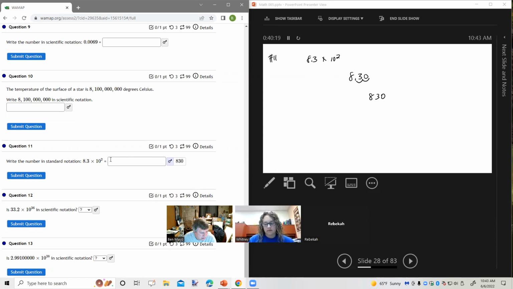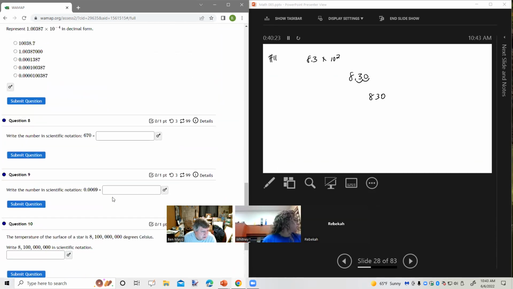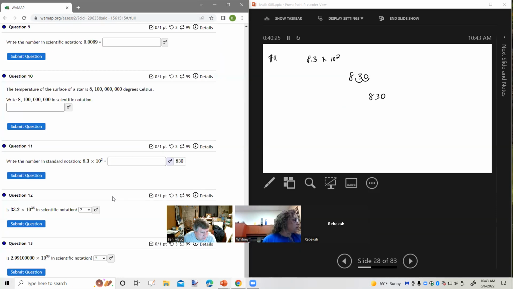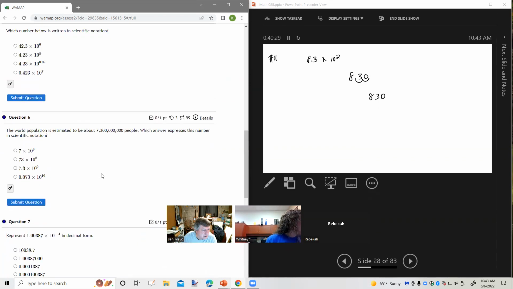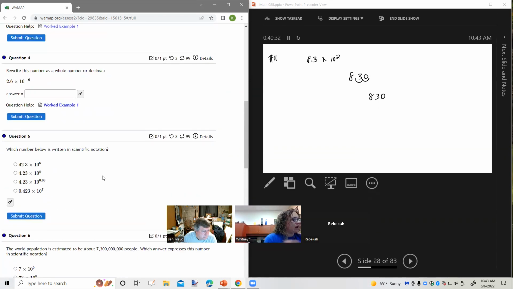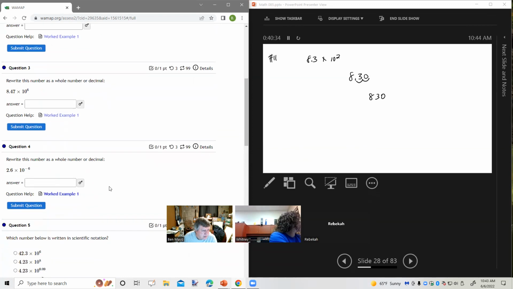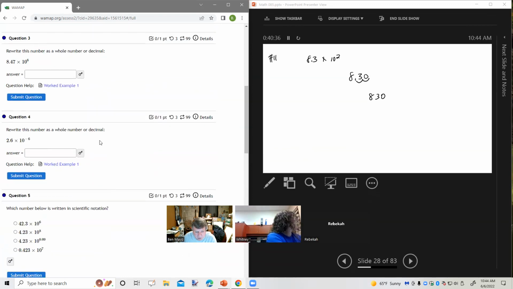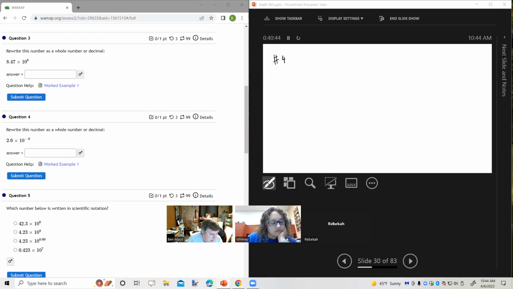All right. Let's see, standard notation. Actually, I can just do this. Oh wait, maybe it'd give me a different one. It says rewrite as a whole number or decimal. So that would be the same thing as saying using standard notation, number 4. Okay.